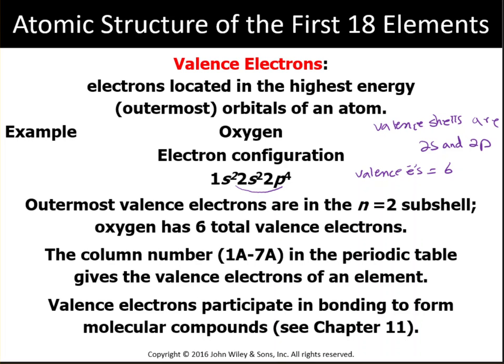So in order to identify the number of valence electrons, you write the electron configuration, and based on the electron configuration you find the valence shell, and once you identify what the valence shells are, you look at the electrons on those valence shells.